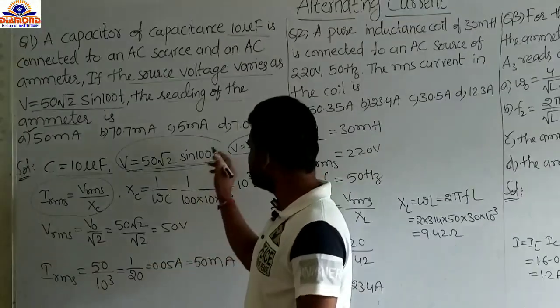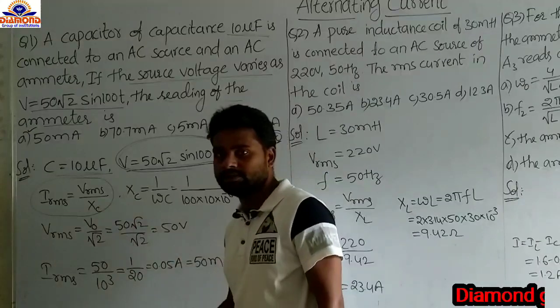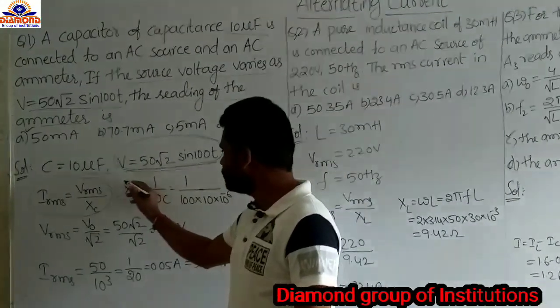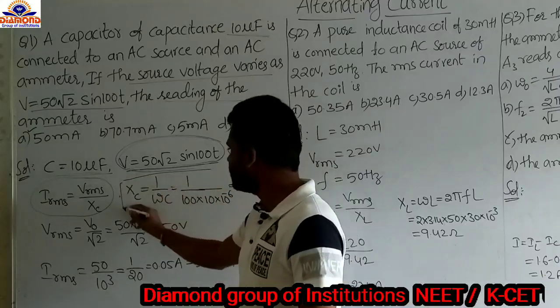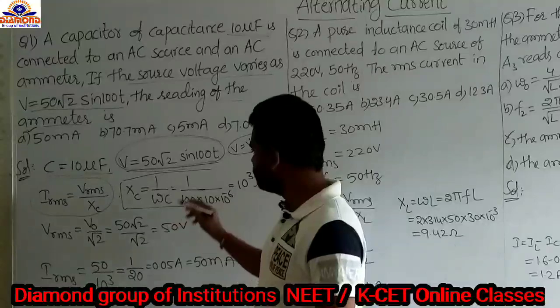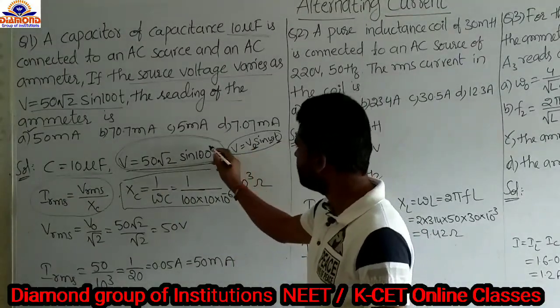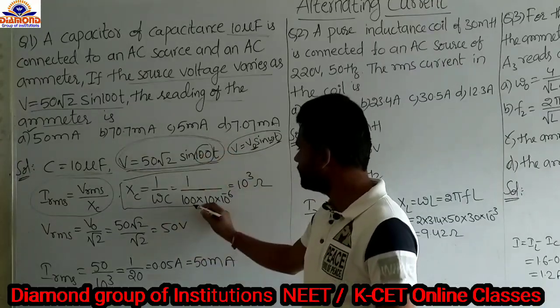First, we are going to find the XC value, the capacitive reactance. You have to remember the formula for XC: XC equal to 1 by omega C. From V0 sine omega t, omega is 100.